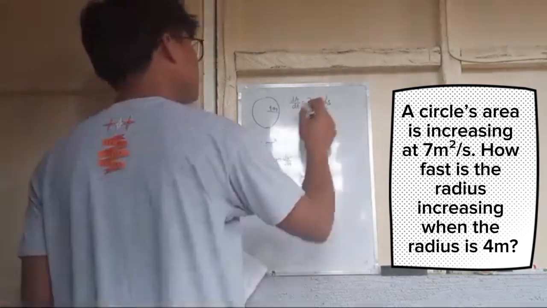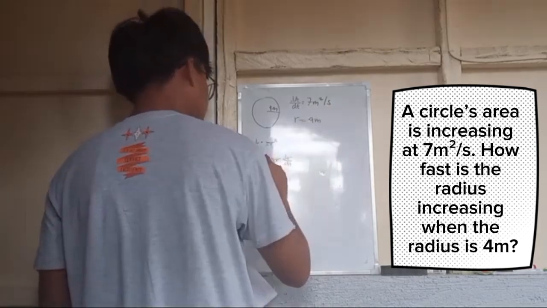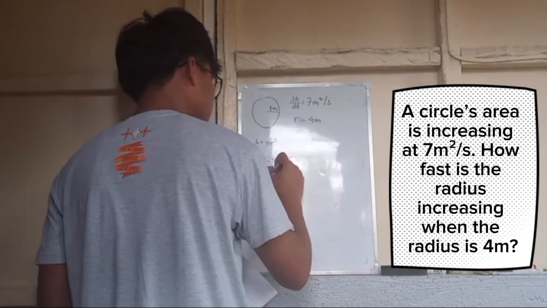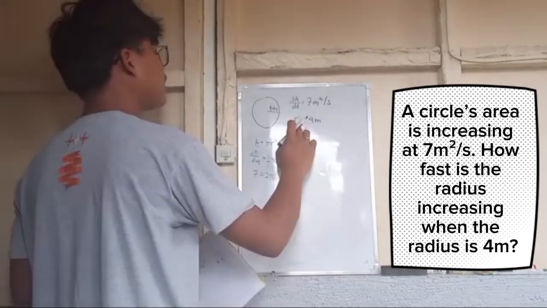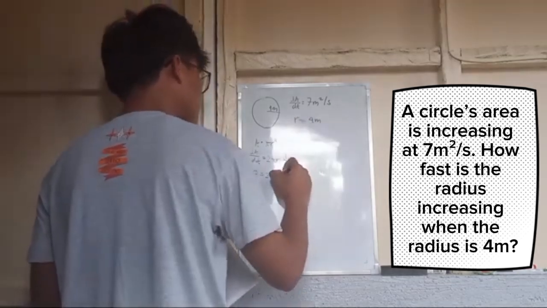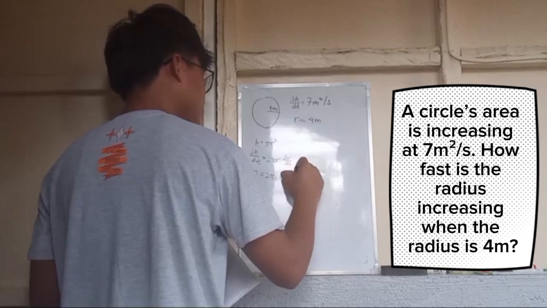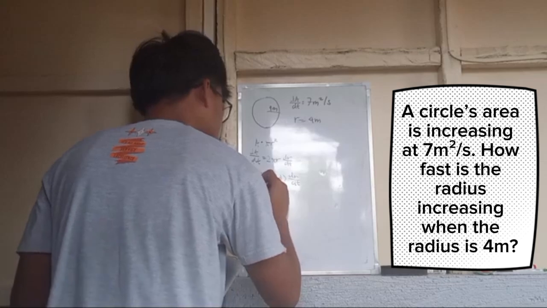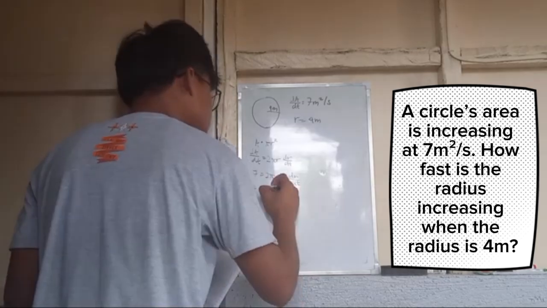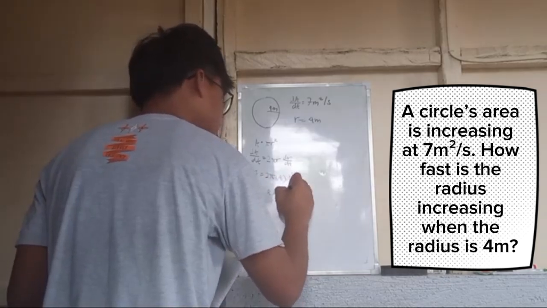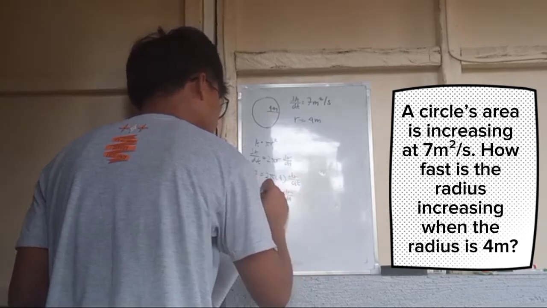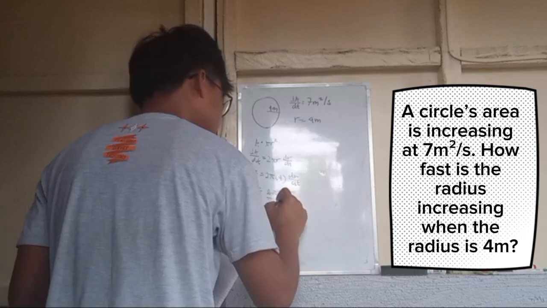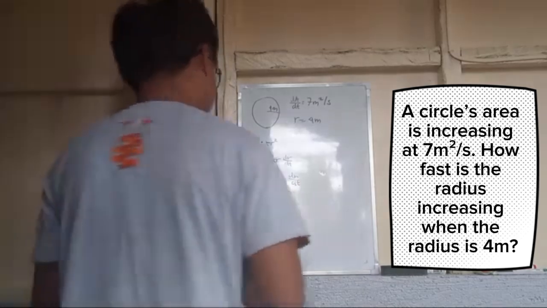So now that we differentiated the formula, we can substitute the given values in the problem. So dA over dt is equal to 7. Then 2 pi, copy, then the value of r is equal to 4, and copy the dr over dt. So solve, you can get 7 equals 8 pi dr over dt, then divide both sides by 8 pi so that we can cancel, and dr over dt will remain.